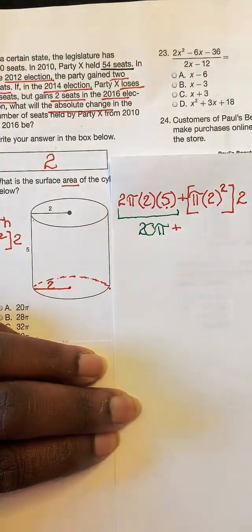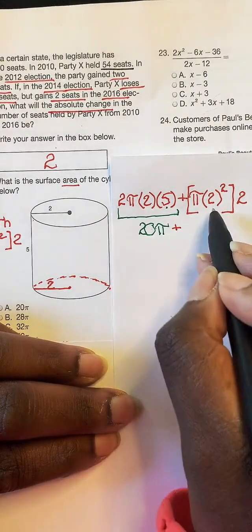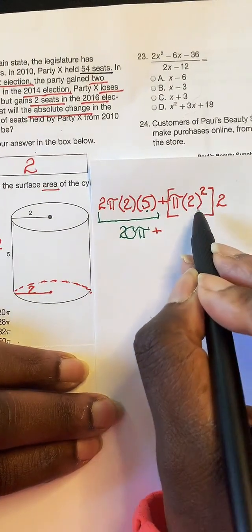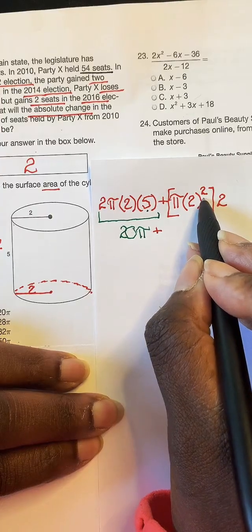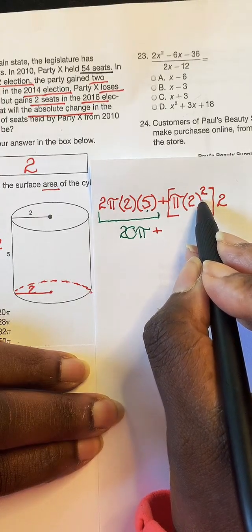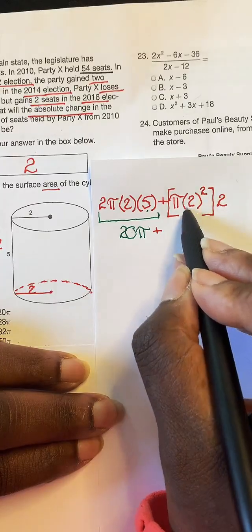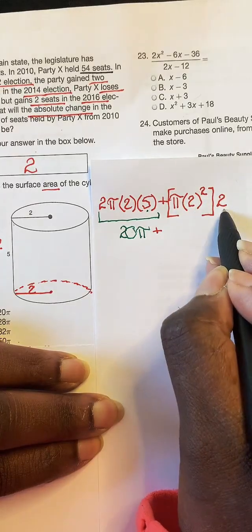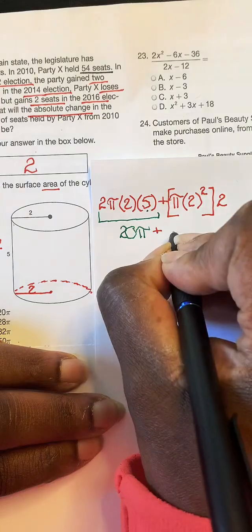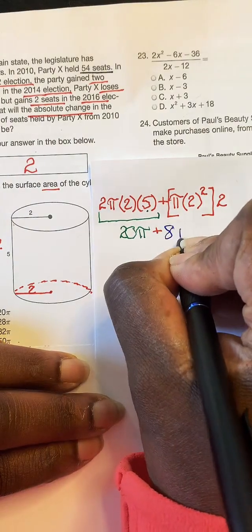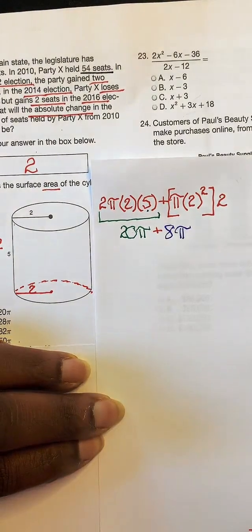Now, over on the right-hand side, we're going to have 2 squared. Now, 2 squared is 2 times 2, which gives me 4. And now I'm going to multiply the answer of 4 that we got here with this 2. And 4 times 2 gives me 8. And we're keeping its pi.